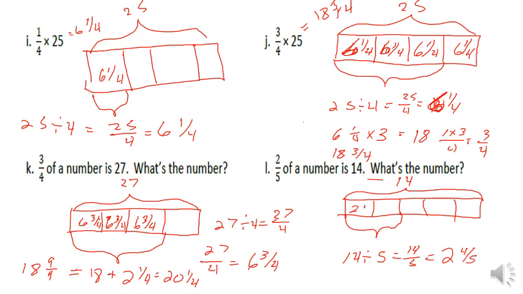So we know that's 2 and 4/5. So now we know that 2/5 of 14, we add them together because we got 2 and 4/5 plus 2 and 4/5, which equals 4 and 8/5, which equals 5 and 3/5.